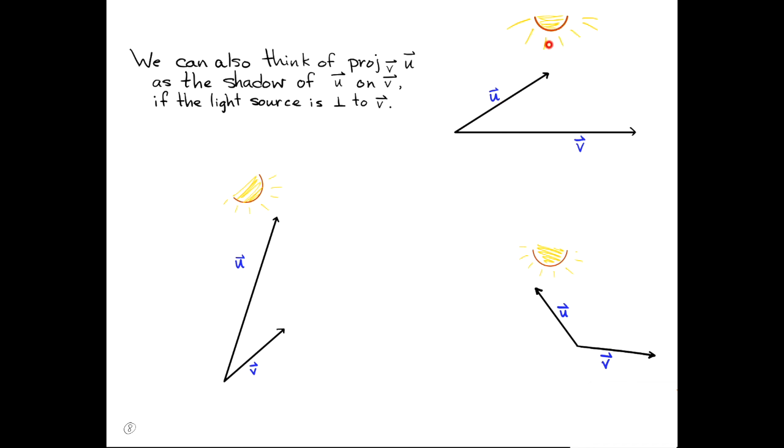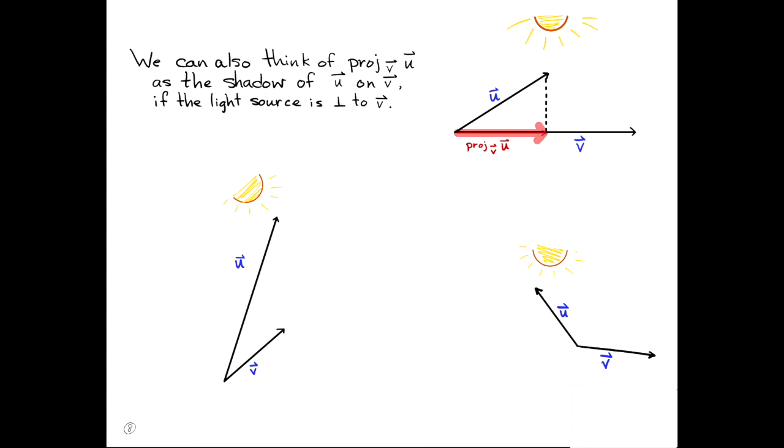Then you drop a perpendicular line down from the vector u onto the vector v. That tells you where to draw the projection of u onto v, since it runs along the vector v, and its length will be from the tail of u to the base of the perpendicular line.